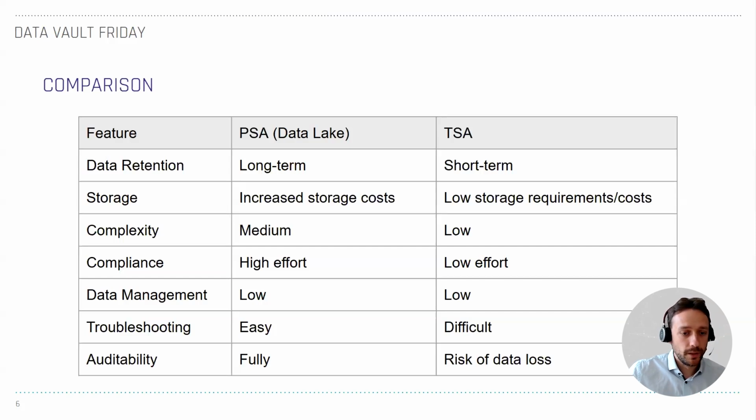But nowadays we recommend using PSA because of the advantages I just mentioned regarding data management, historization. So there are a couple of advantages. But again, a Data Vault would work with a TSA or PSA.